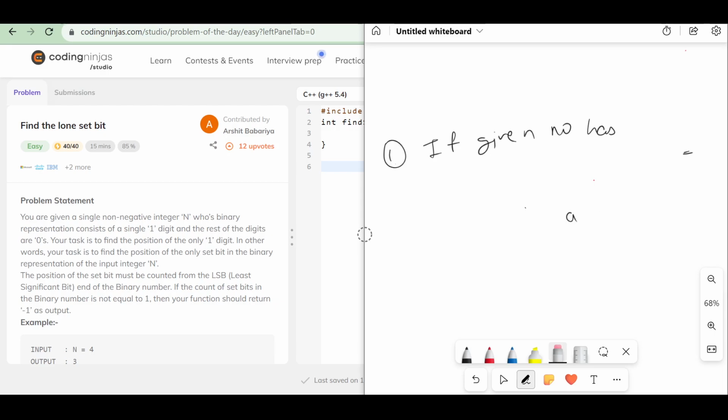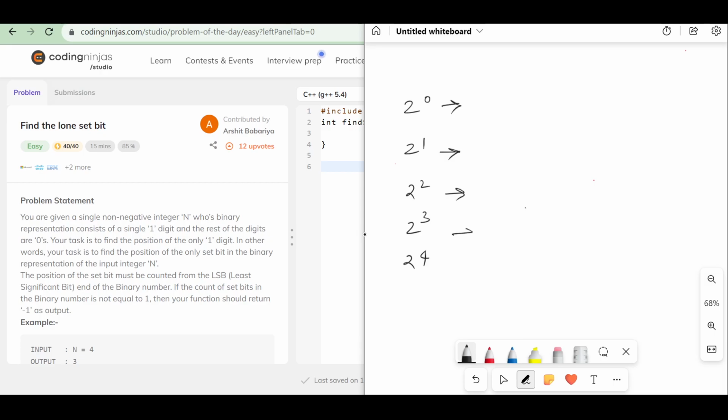What I am saying is that any number which is a power of 2, such as 2 to the power 0, 2 to the power 1, 2 to the power 2, 2 to the power 3, 2 to the power 4, all these numbers in their binary representation will have only one set bit. This is 1, this is 2, 2 to the power 2 is 4, 2 to the power 3 is 8, 2 to the power 4 is 16. Now what is the binary representation of 1?